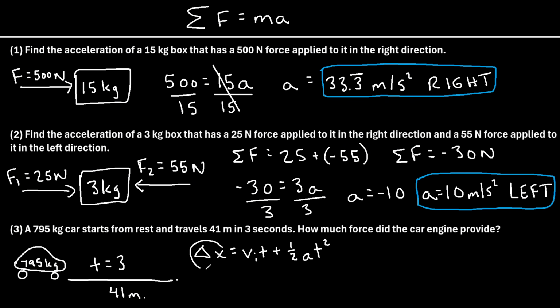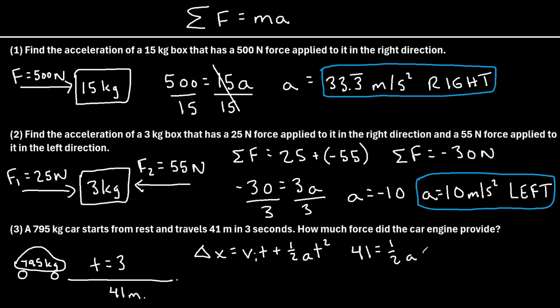So the displacement of the car, that's 41 meters. That's how far it traveled from start to finish. So we can say 41 is equal to, now notice that it says the car starts from rest. So our initial velocity, this value right here, is 0. So this whole quantity is actually 0. And then we have plus 1/2 times a times time squared. Time is 3.